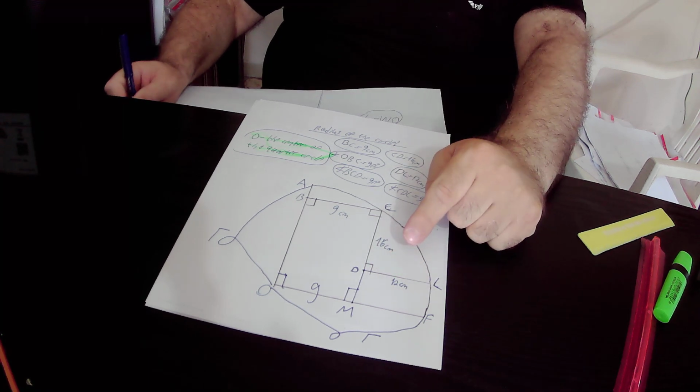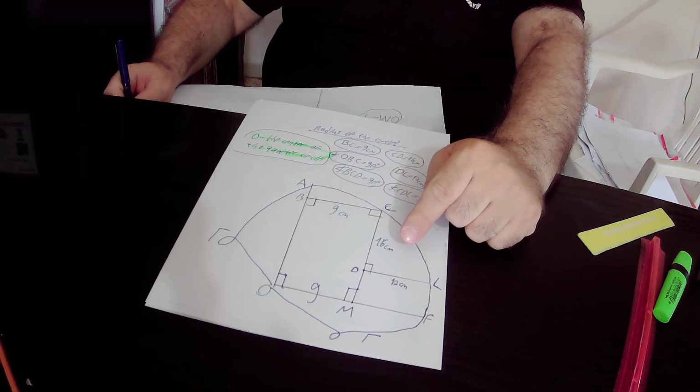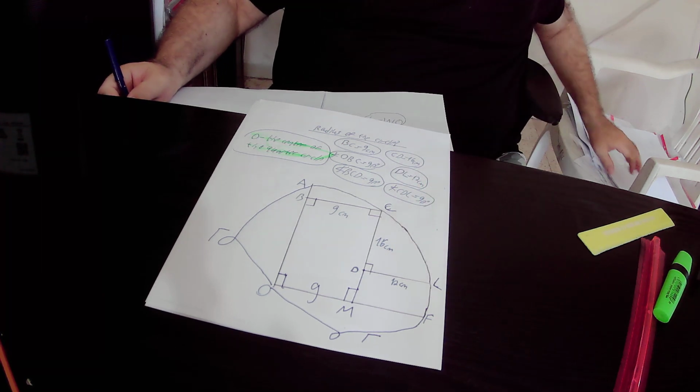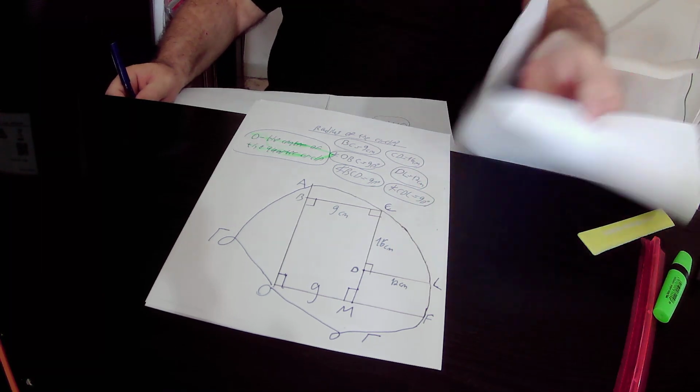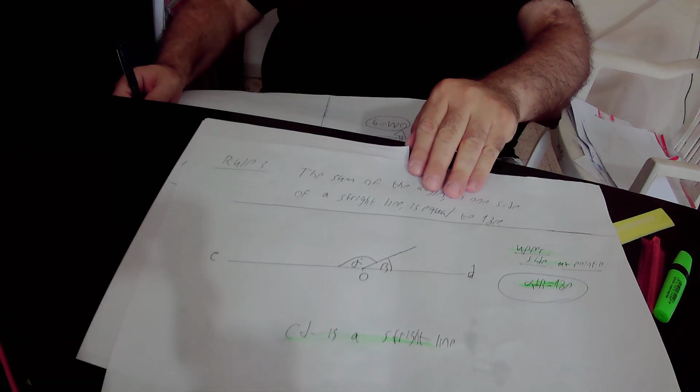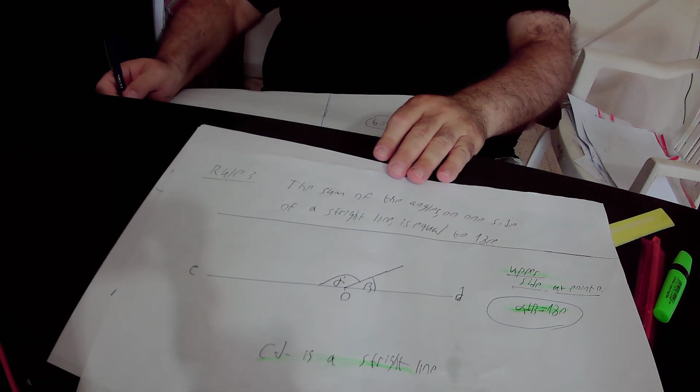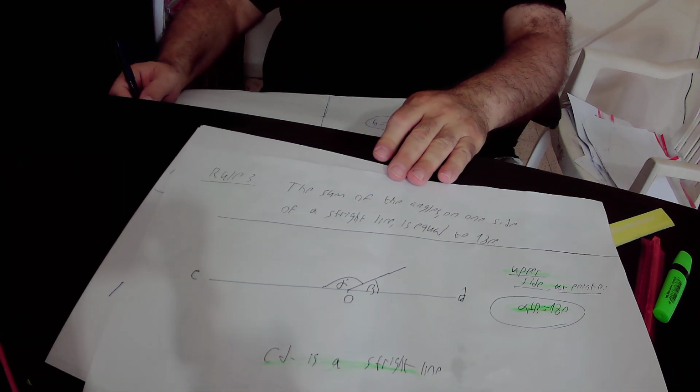In total, the sum of those two angles must be equal to 180 degrees, according to the rule that the sum of the angles on one side of a straight line equals 180 degrees.